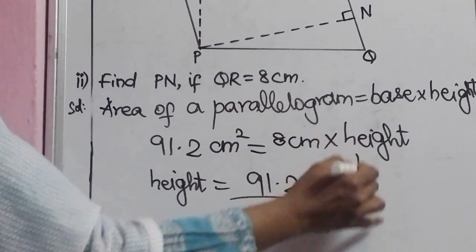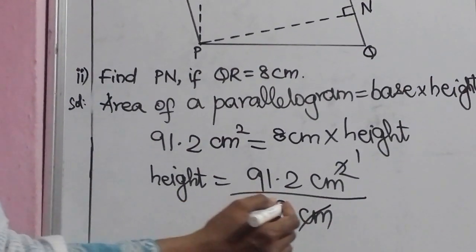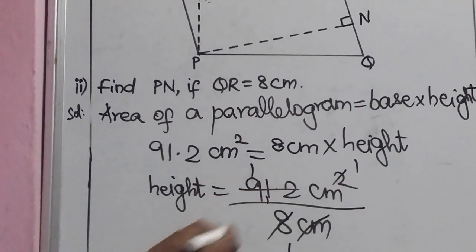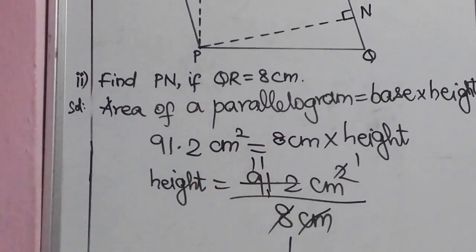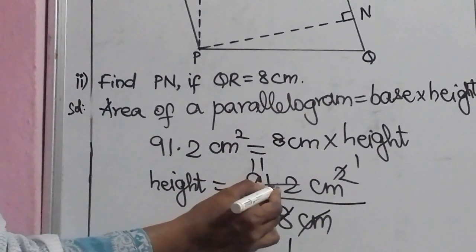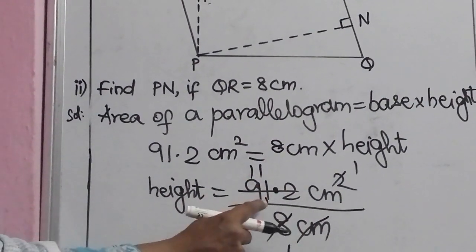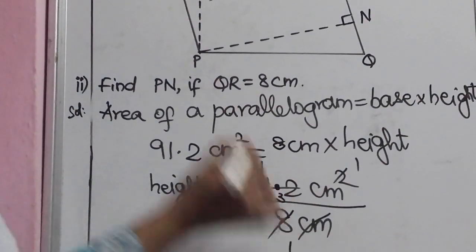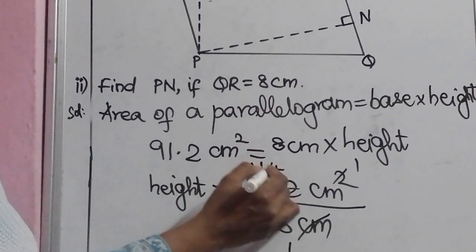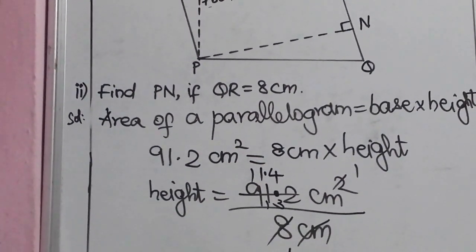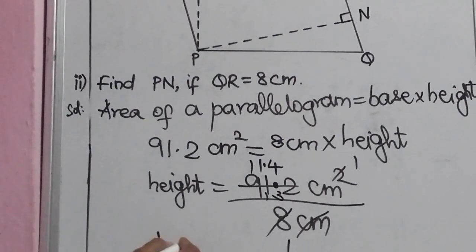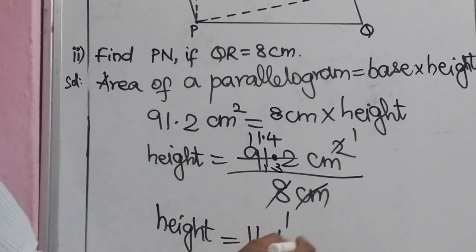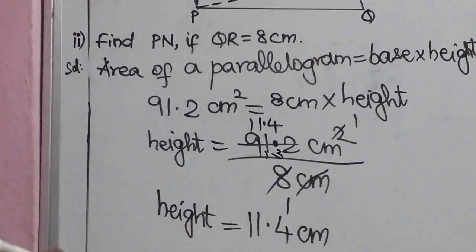Centimeter and square centimeter, 1 centimeter is cancelled from that. Now divide. 8 ones are 8. 1 is the remainder. 8 ones are 8. Here we have the point. 8, 9, 10, 11. 3 is the remainder. 32 is left. 8 fours are 32. So you got the answer as 11.4 centimeters.